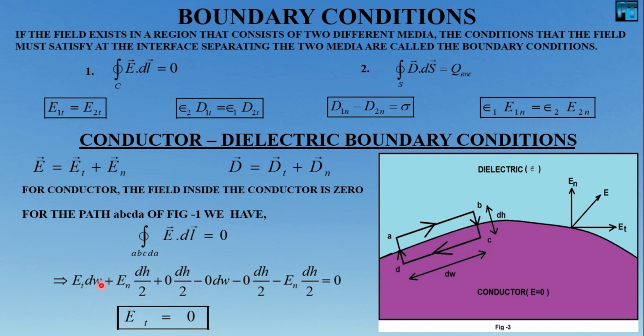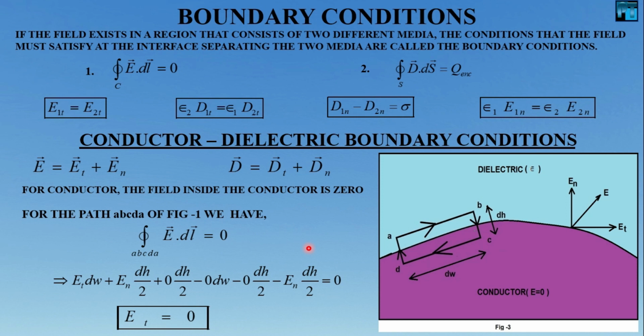So we have Et dW equals 0. As dW is not equal to 0, we must have Et equals 0. So it is our first boundary condition for the conductor-dielectric case.